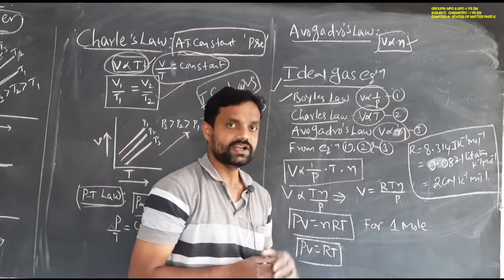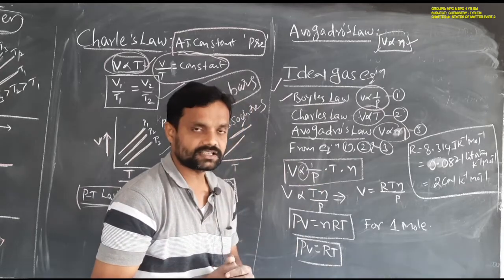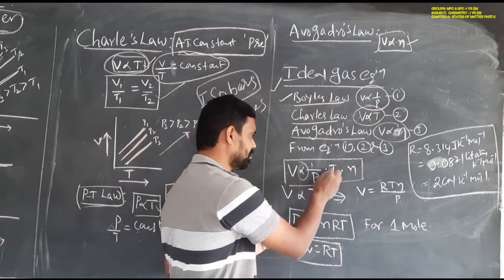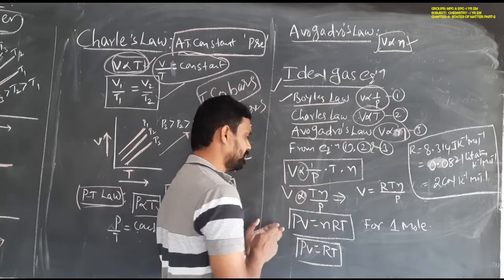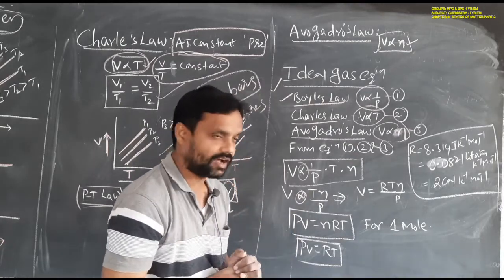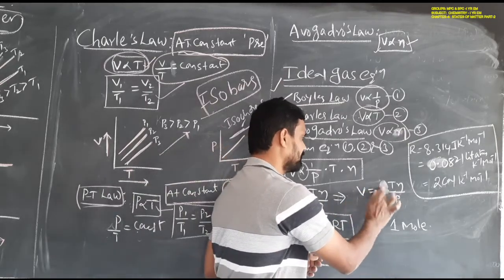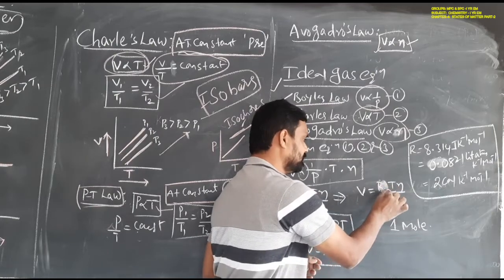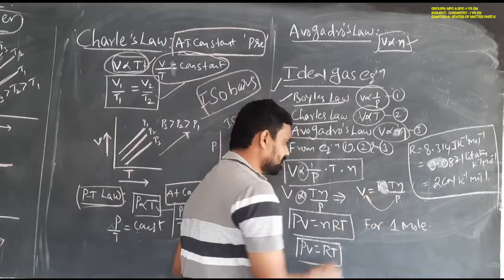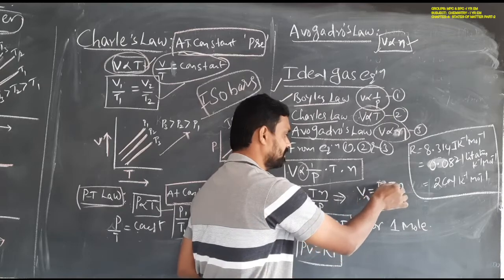When we remove the proportionality, we get a constant. So V is proportional to nT by P, and removing the proportionality we get the constant, here capital R. So the equation becomes V equals R into T n by P. On cross multiplication, PV equals nRT.